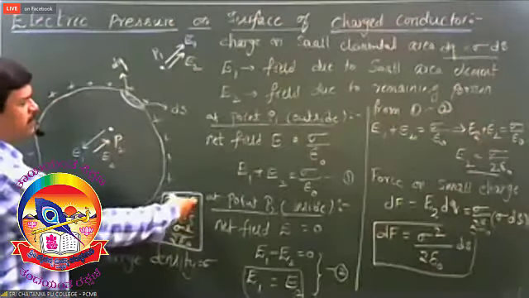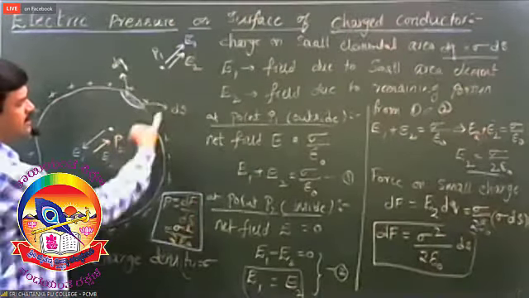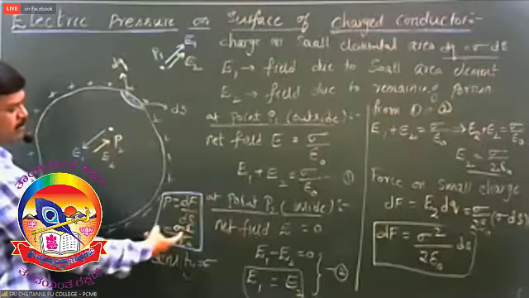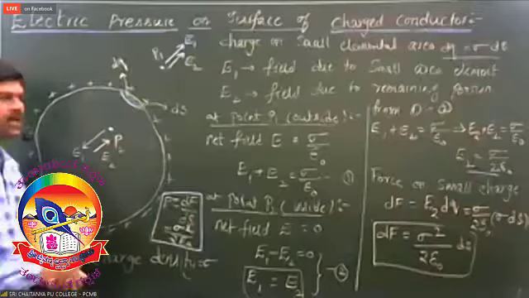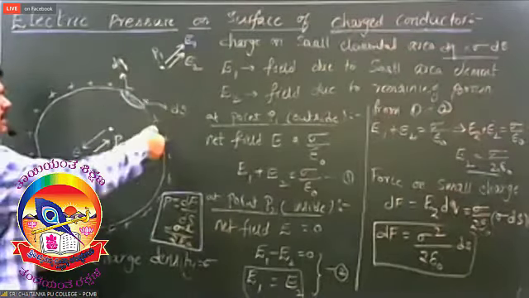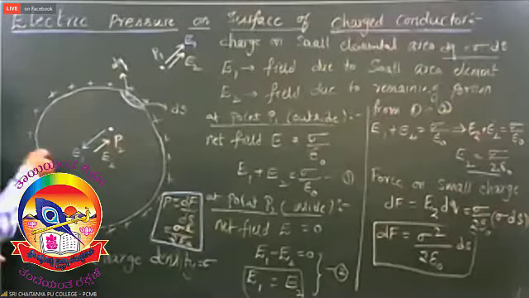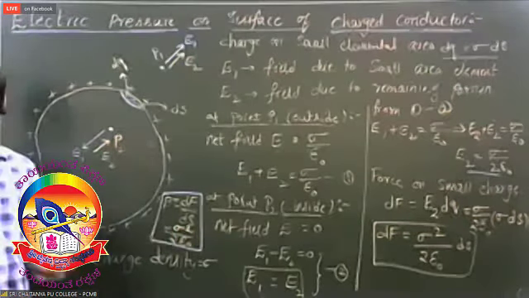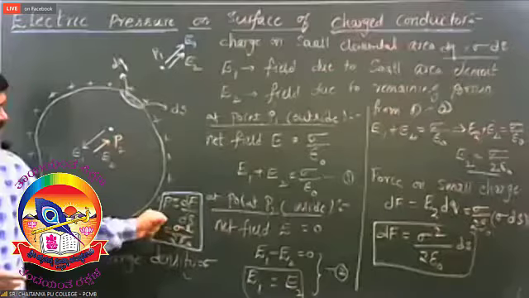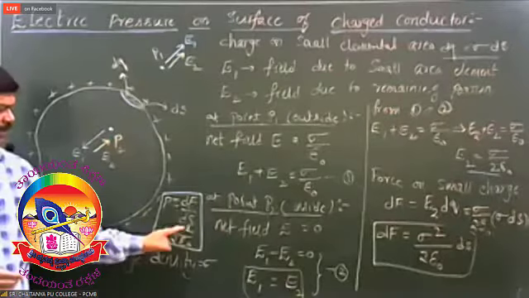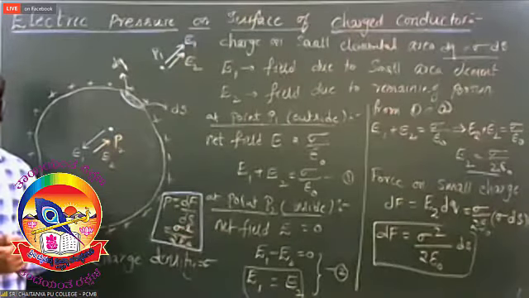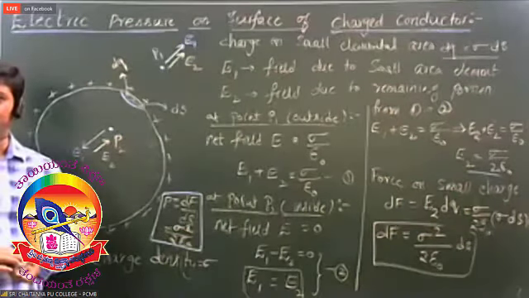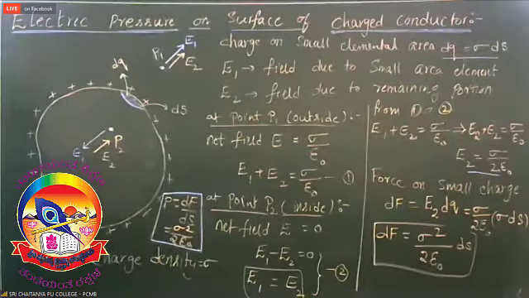So df is the force acting on this element, ds is the area of this element. So df by ds, sigma square by 2 epsilon naught, is the pressure acting on this element. In the same way, on all the elements, the same pressure acts, right? This is a very important expression. Sigma square by 2 epsilon naught is the pressure. That pressure is called electric pressure. Note down.